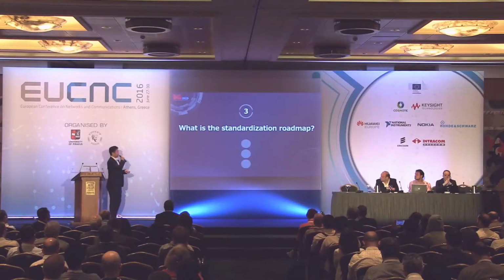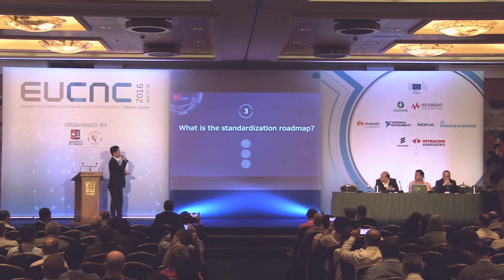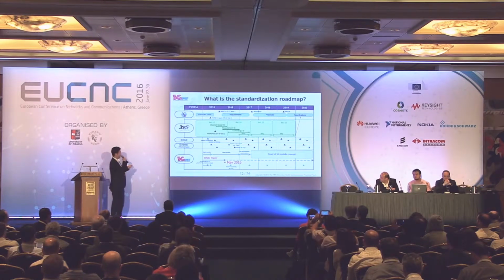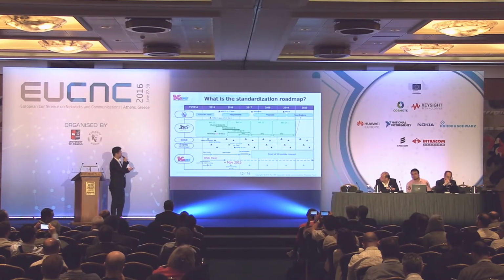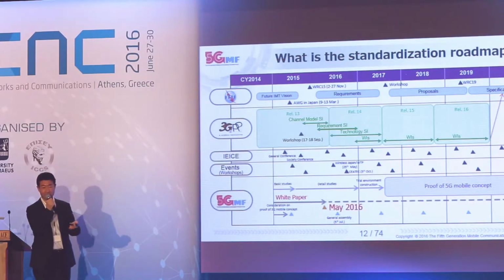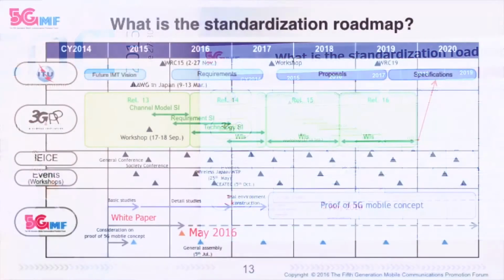Finally, the last question was the standardization roadmap, and I don't have to repeat what the previous speakers said. 3GPP is certainly playing a very important role, and our industry members are pushing these standardization activities. Also ITU.